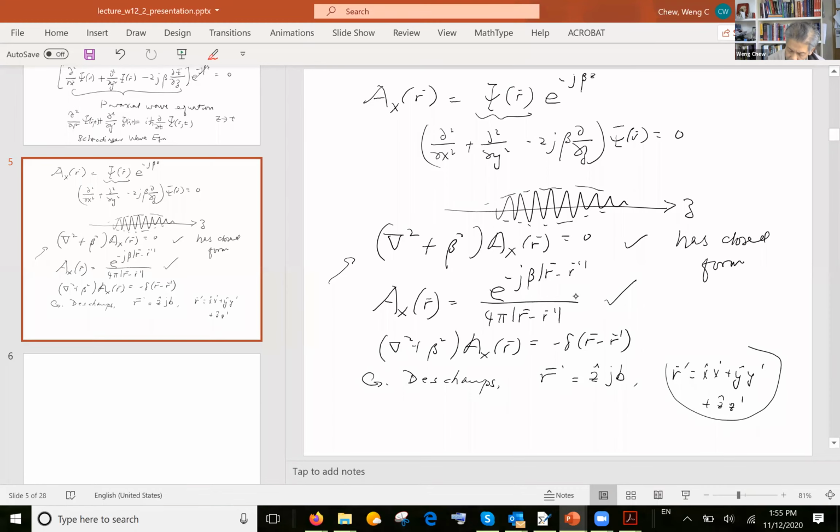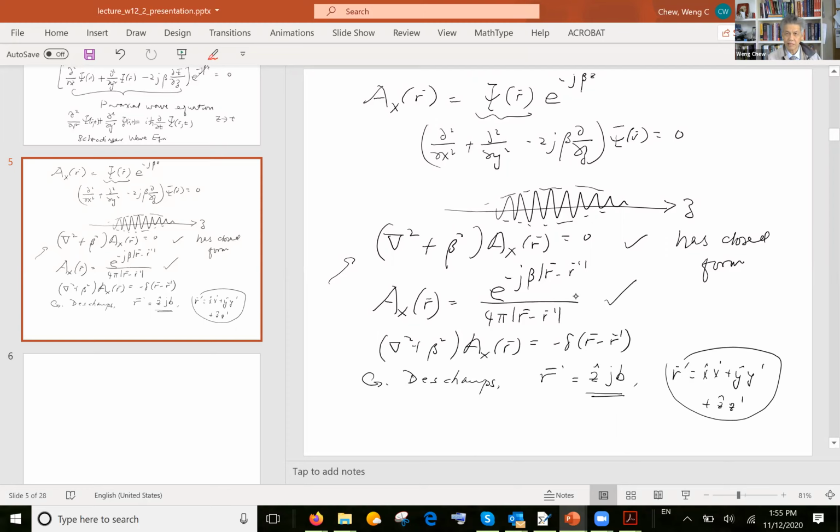Okay, so r prime is just the location of the source. But let me be creative and make this source be located in the imaginary space. And let me have r prime be written in such a manner where j is an imaginary number.